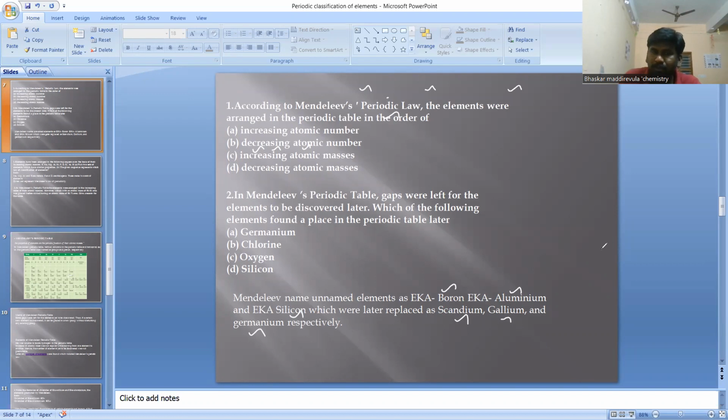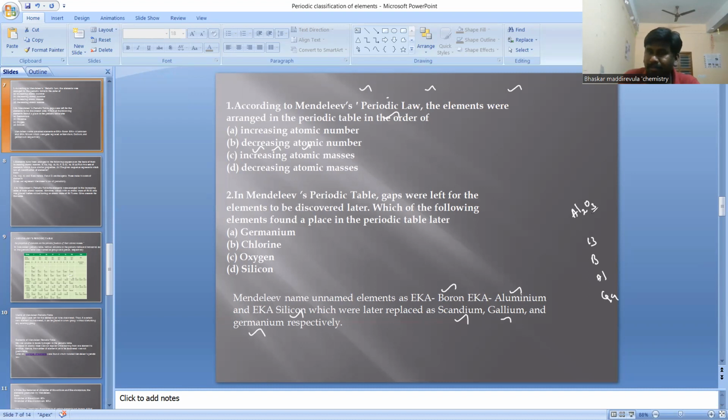Gallium belongs to the 13th group, the boron family: boron, aluminum, gallium. So these elements, they will form which type of oxides?